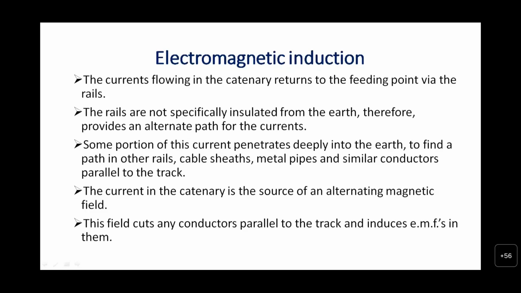The current in the catenary is a source of alternating magnetic field. This field cuts any conductor parallel to the track and induces EMF in the conductor.